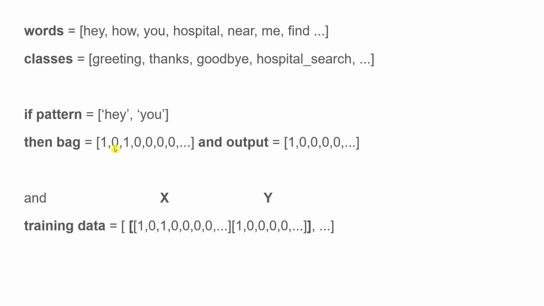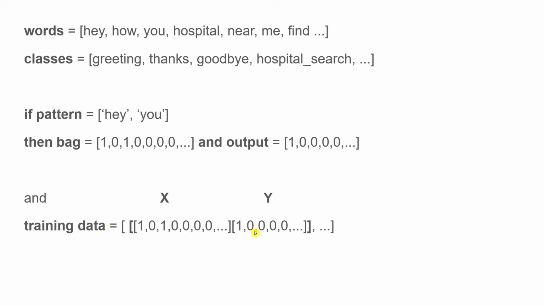All right. So this becomes the input, that is, the first word and the third word are in the pattern from all this set of words, and the output for this input, this bag, is this output. In this output, only greeting is 1 and the rest are 0. So we have our x and we have our y, and that's how we will define our training data.